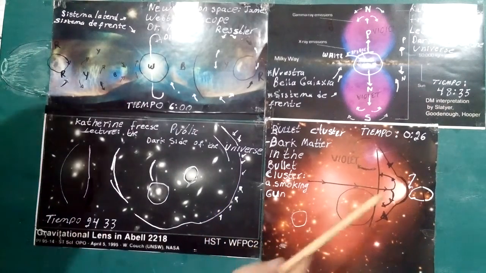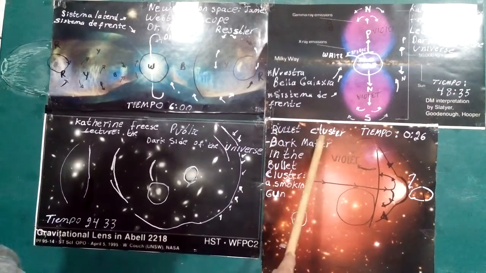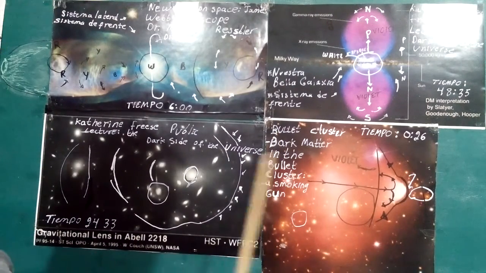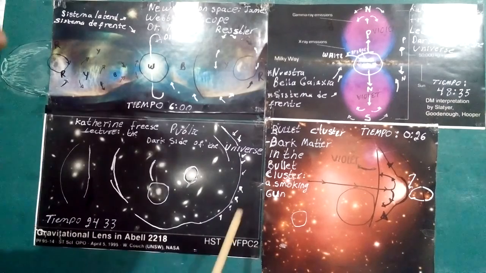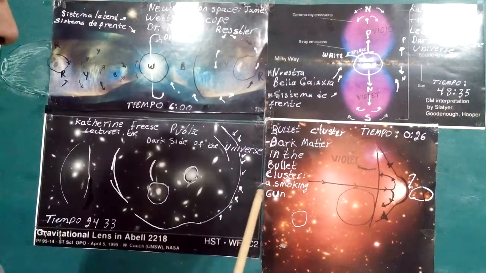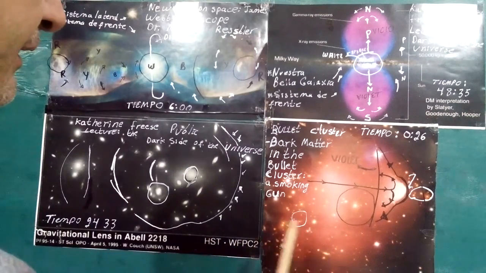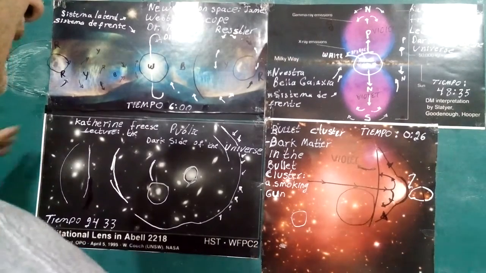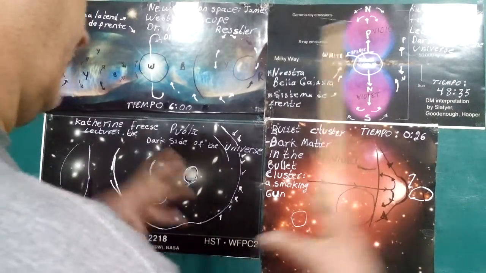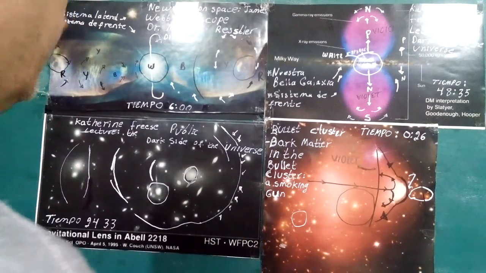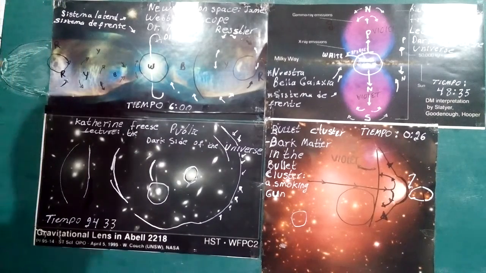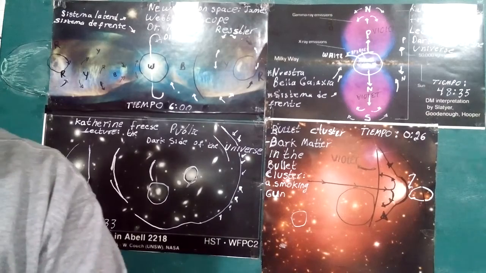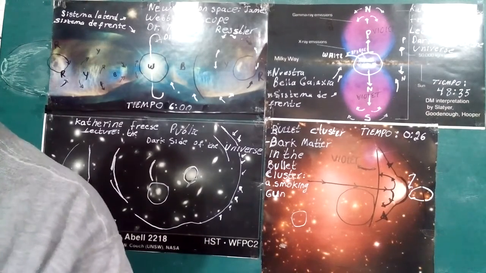Okay, this picture, it's the bullet cluster, and it says that this is proof of Einstein that says that matter is gonna clog as an effect of gravity. I think that's what they claim, okay? Not sure.